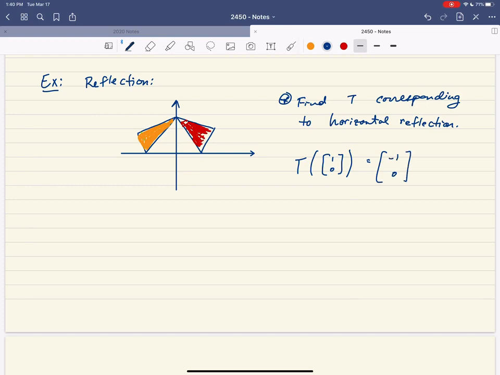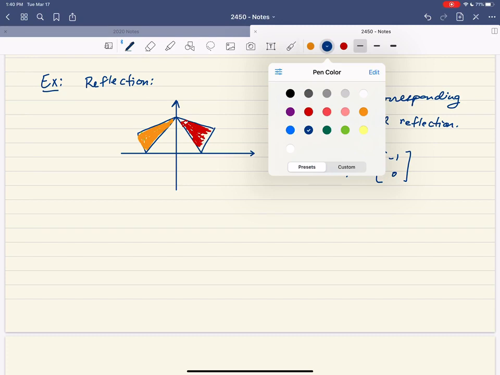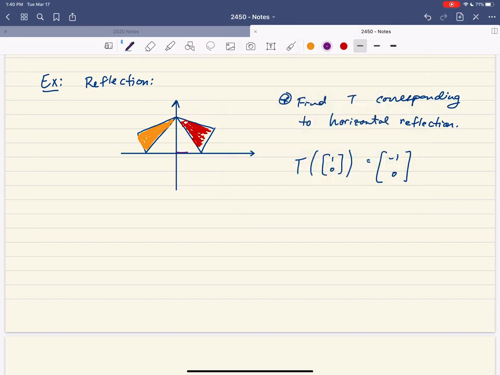Okay, that's it. So this vector, which I'll color in purple, say that's 1 unit length, is just going to be reflected across the y-axis, that's what we get, that's fine.